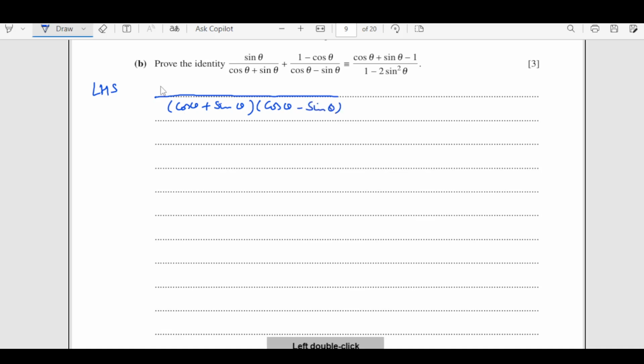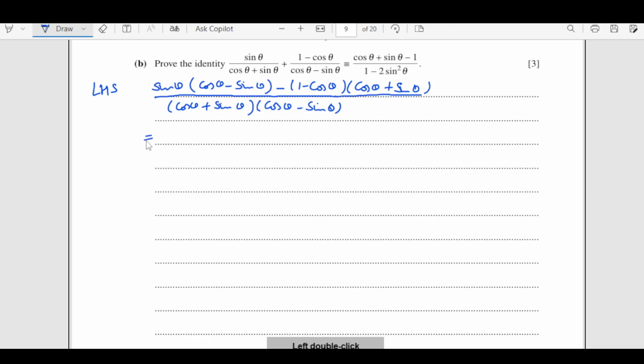So then this is going to be sin theta into this whole thing, cos theta minus sin theta, minus, then we will have 1 minus cos theta, and this is cos theta plus sin theta.